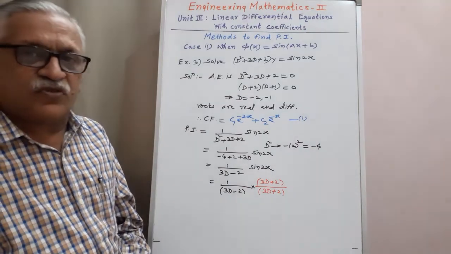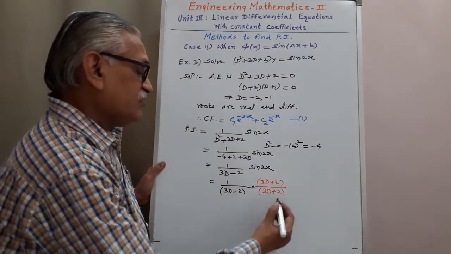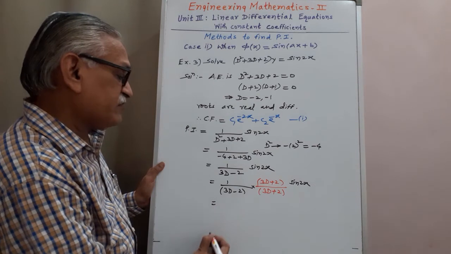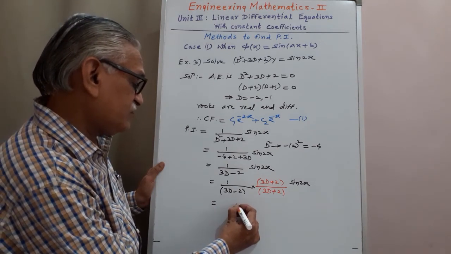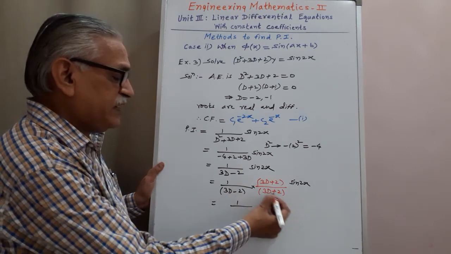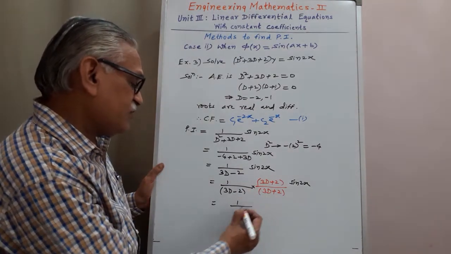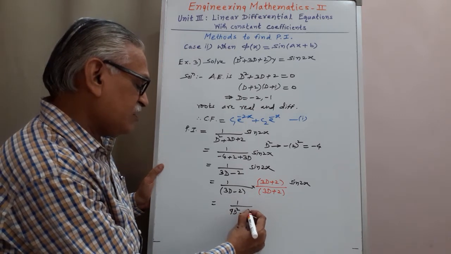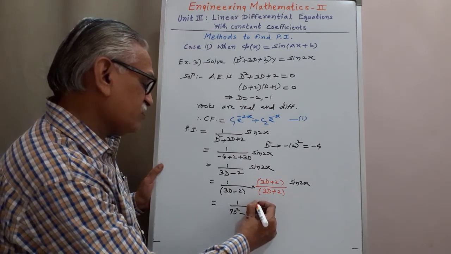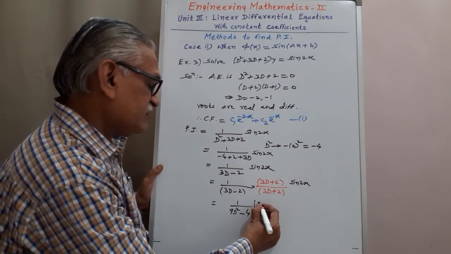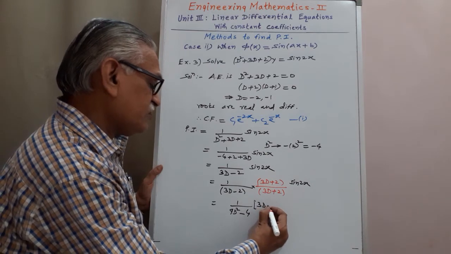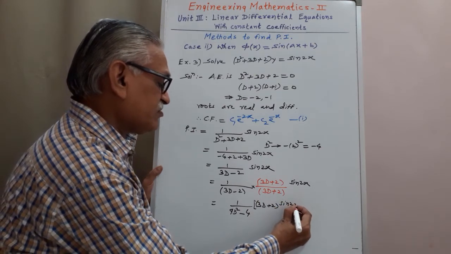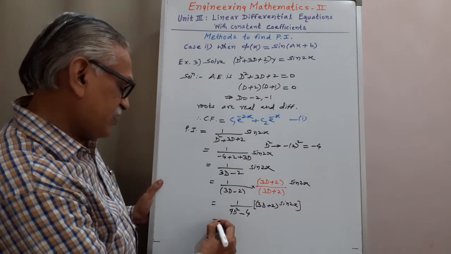Therefore the original value remains as it is, only the form is changing. Using a plus b times a minus b equals a square minus b square, 3D square means 9D square minus b square, 2 square is 4, which we operate on 3D plus 2, operating on sine of 2x.